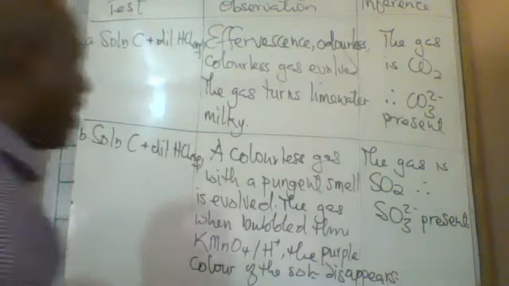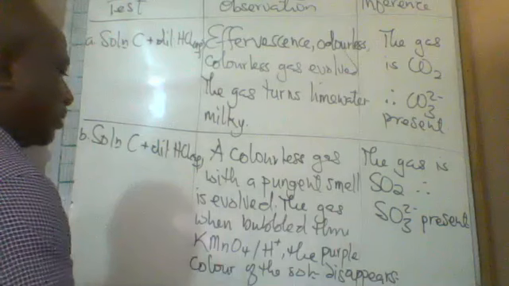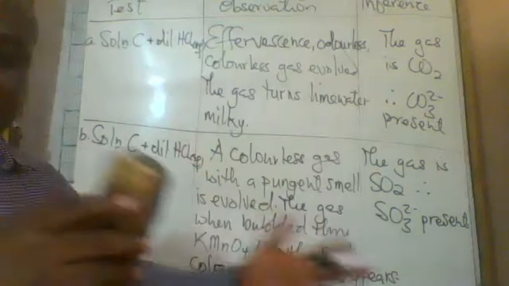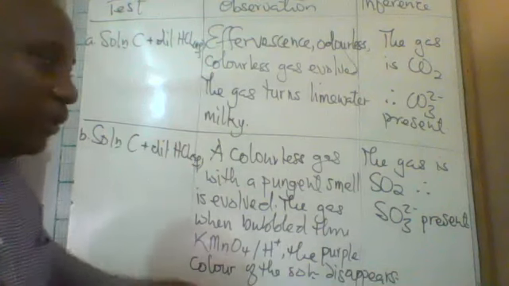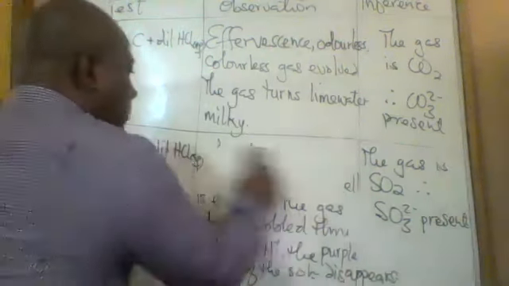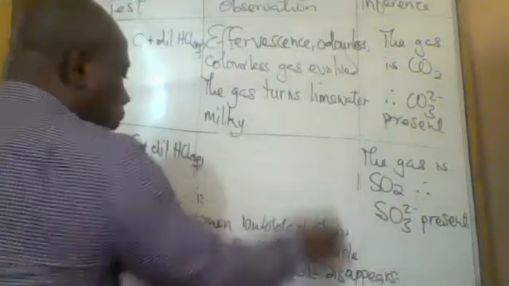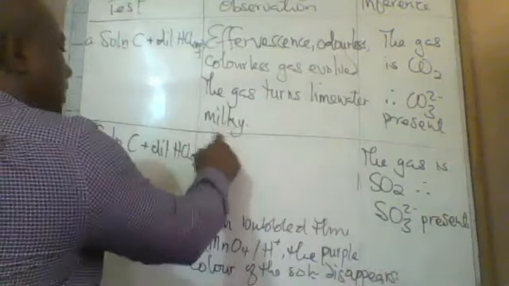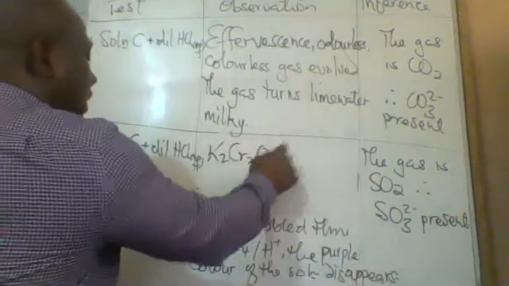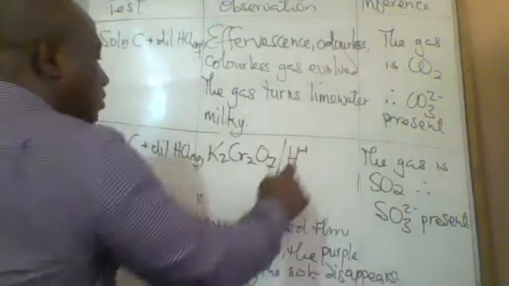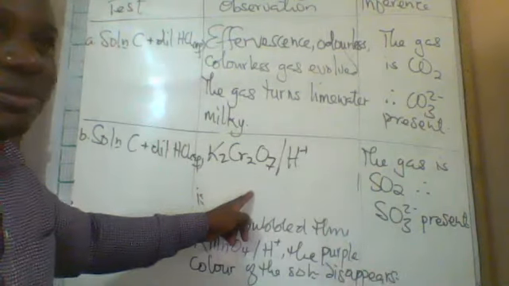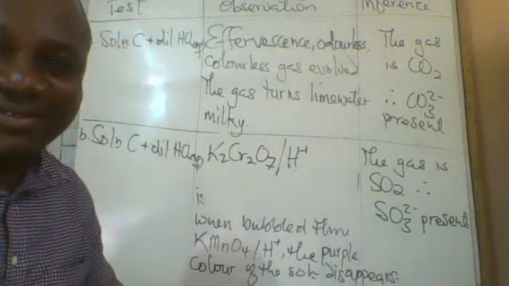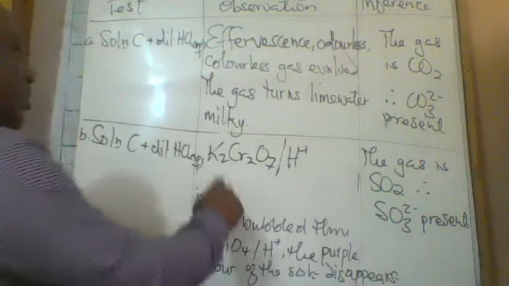Well, you remember we gave that table, reducing agents and their oxidized forms, oxidizing agents and their reduced forms. If you bubble the gas through acidified potassium dichromate solution, it turns the orange color of this solution to what color? Sir, can you please repeat?